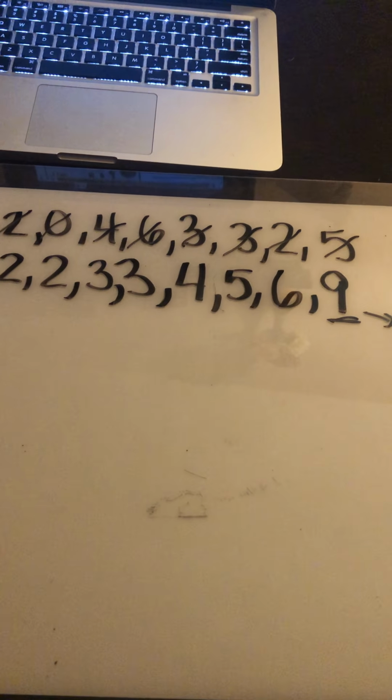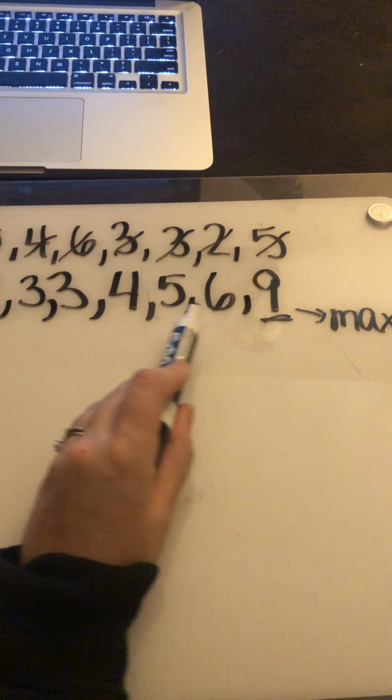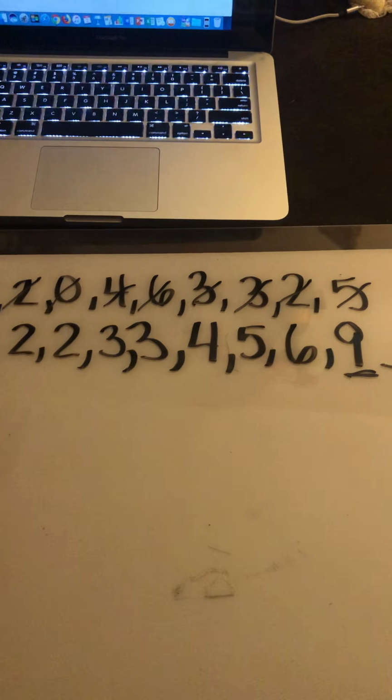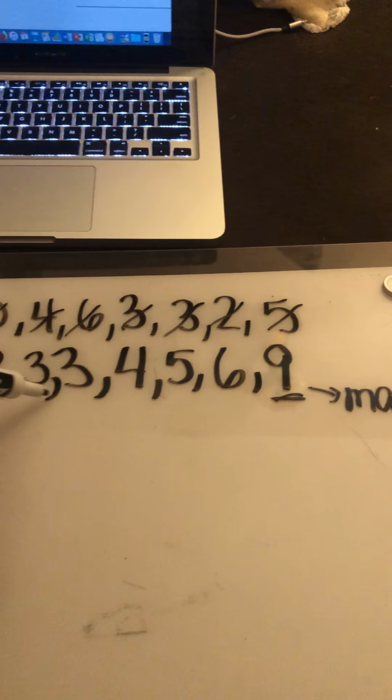Okay, now to find the median, we figure out what the middle number is. So let's see, there's 1, 2, 3, 4, 5, 6, 7, 8, 9 numbers. So 9 split in half to find the middle is about 4.5. So let's see, 1, 2, 3, 4. There's 4 numbers here.